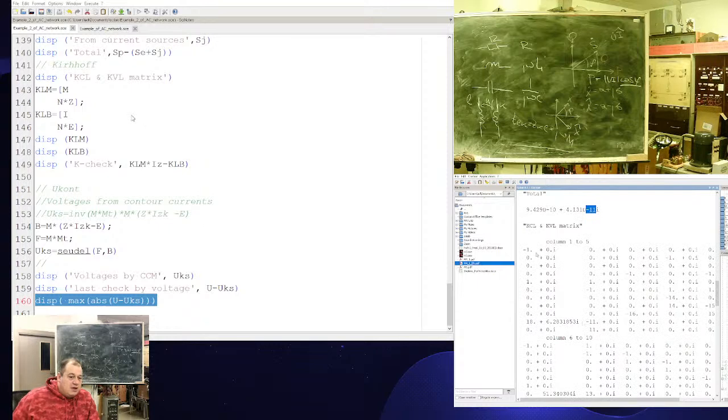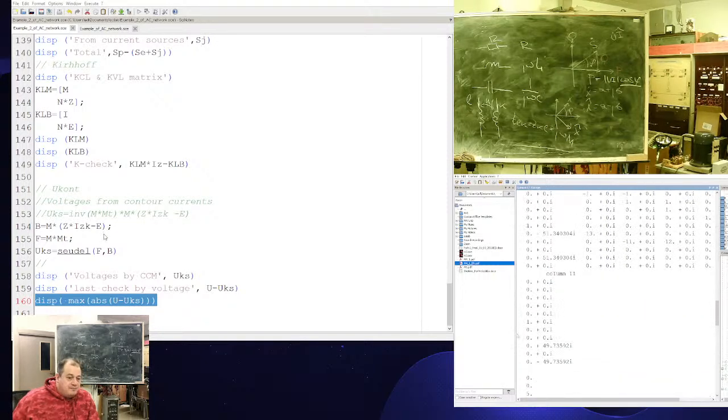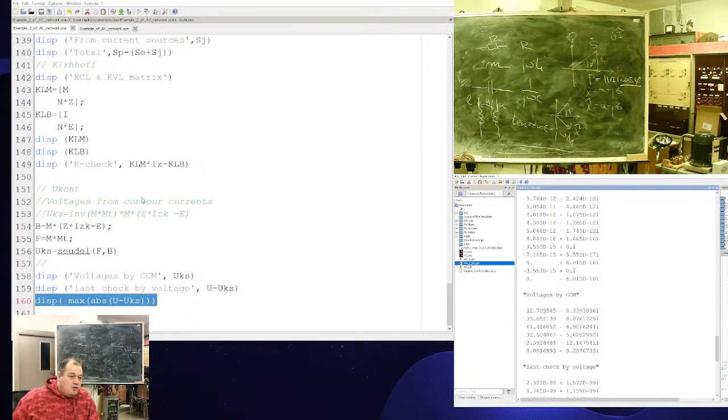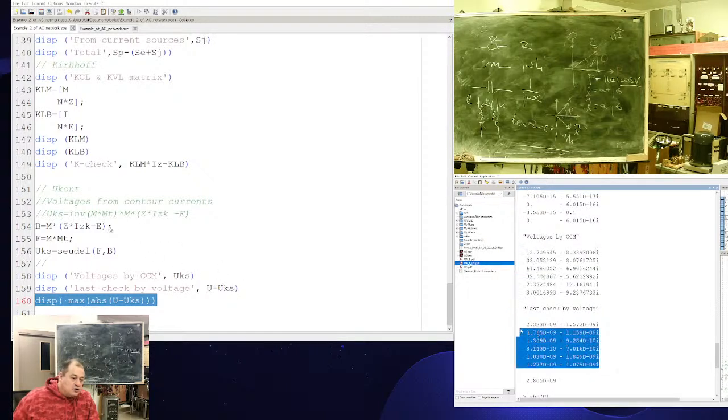You can see the Kirchhoff current law matrix is real, but Kirchhoff's voltage law matrix has a complex part. Anyway, Kirchhoff checks nice. Here are my voltages from the contour current technique and the voltage difference, 9 digits after the contour. Looks like I solved everything.